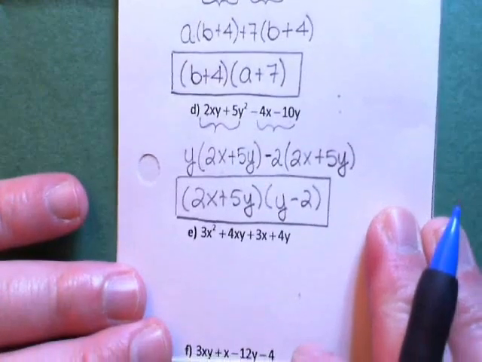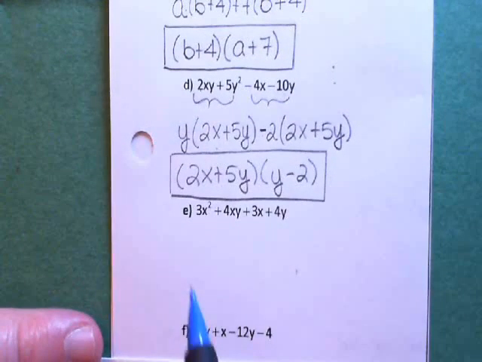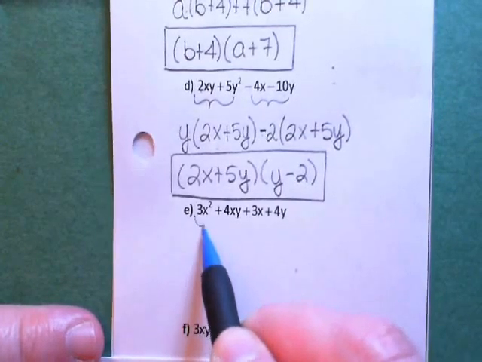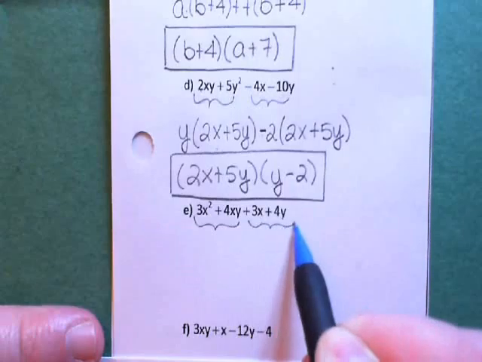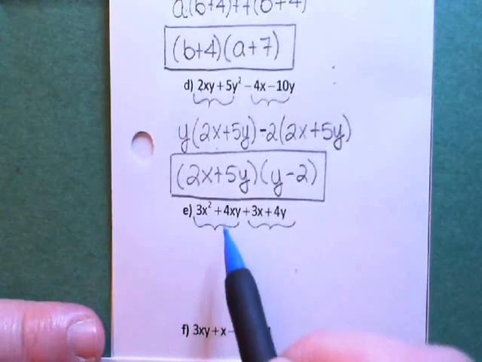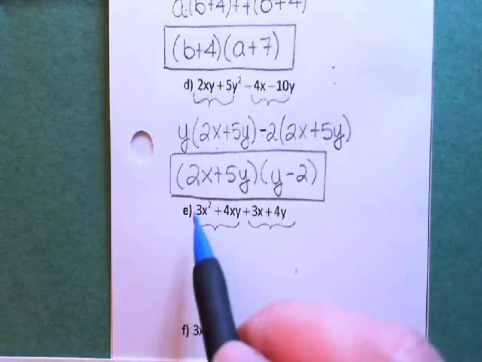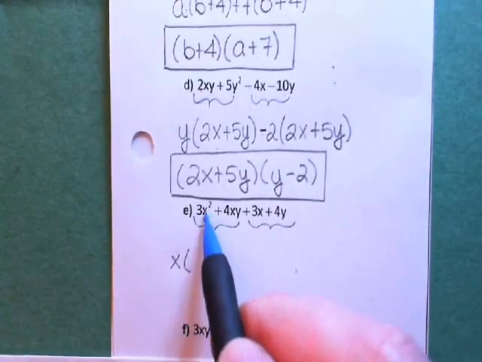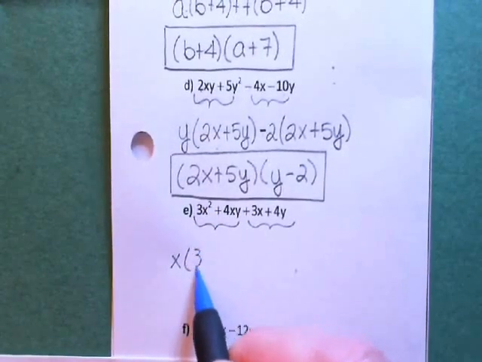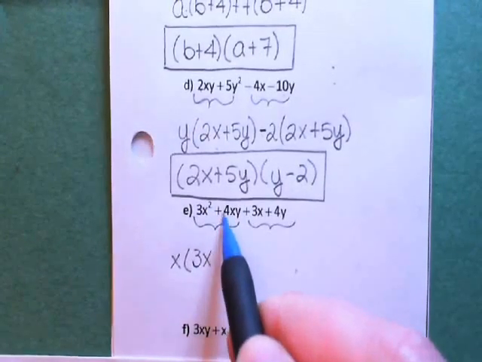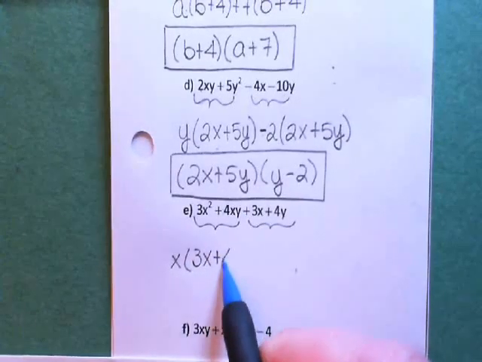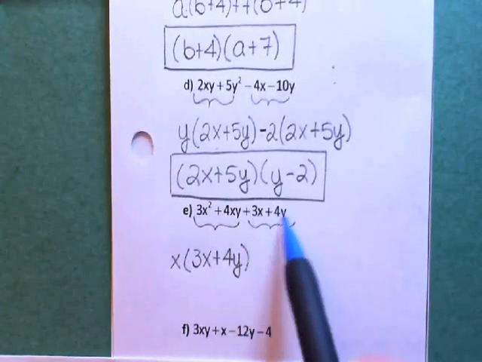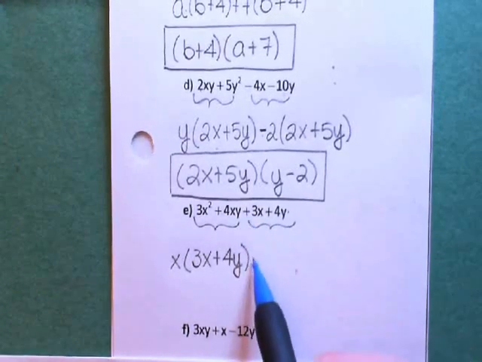Okay, let's keep going. Next one, can I factor anything from all four? The answer is no. So group them by pairs, or group them in twos. What can I factor from the first two? The answer would be an x. If I divide by x, 3x squared divided by x becomes 3x. Positive 4xy divided by x becomes 4y. Then bring down the positive.